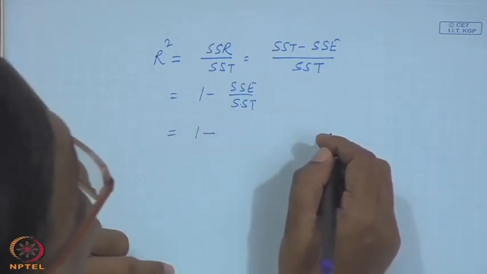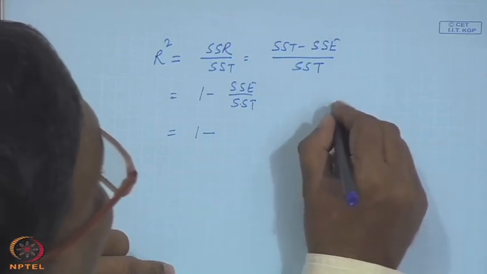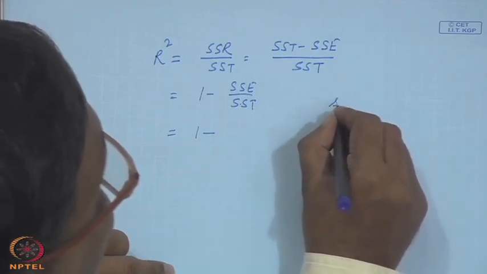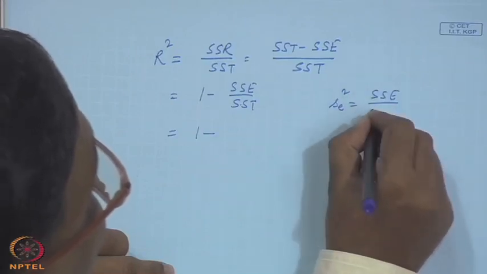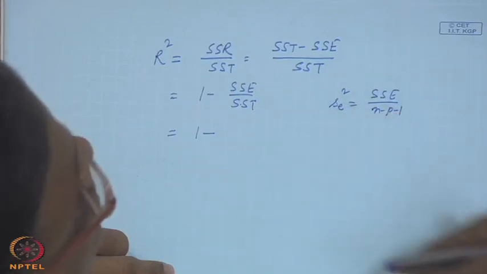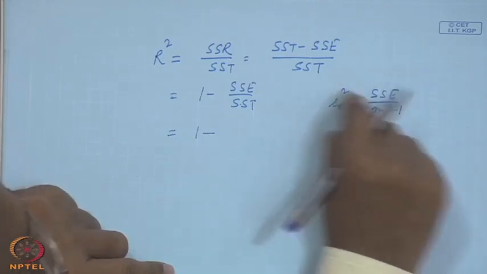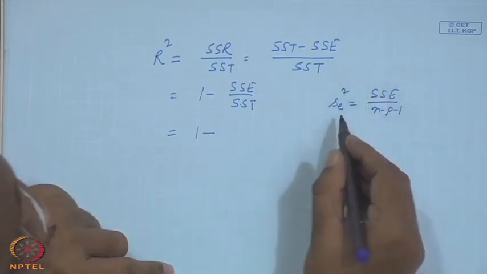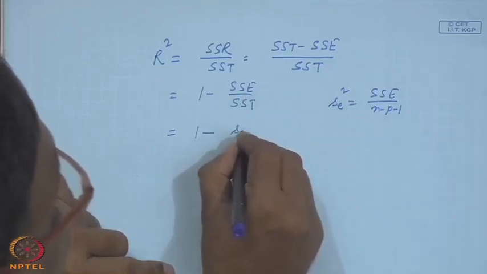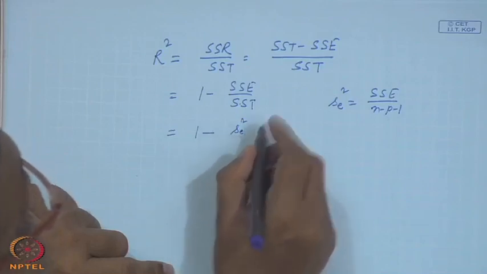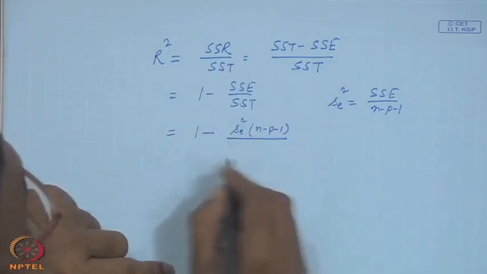In the last class, I told you that SE square equals SSE by n minus p minus 1. We have shown this. So, instead of SSE, I will write SE square into n minus p minus 1, divided by SST.